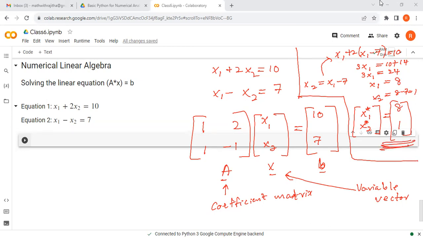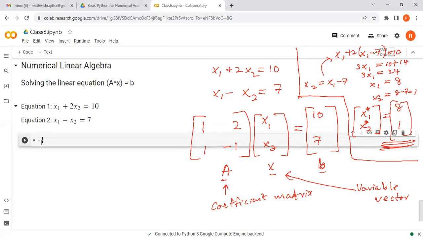How do we solve these systems of linear equations using linear algebra knowledge? Actually, not linear algebra knowledge, using the NumPy module. This is how it's done.